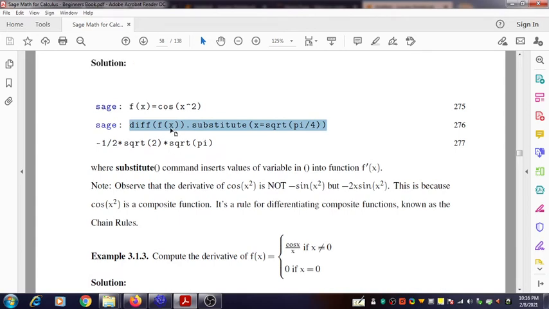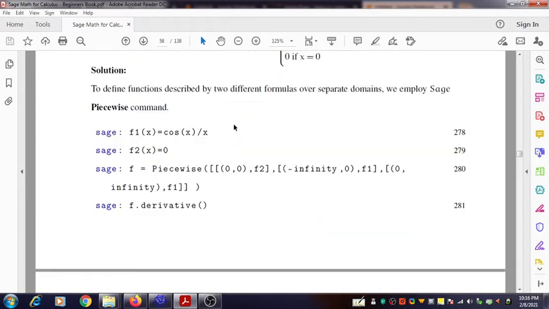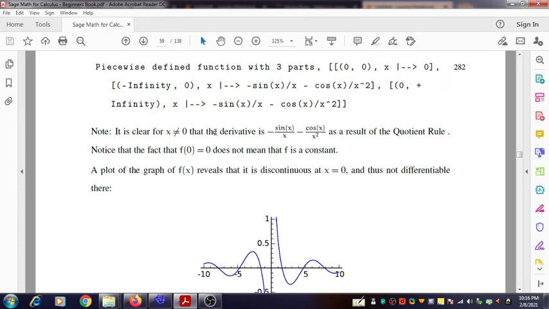This problem explains how to use the diff command along with the given function to obtain its derivative, and simultaneously how to find the value of the derivative at a given point. Okay, what next then?